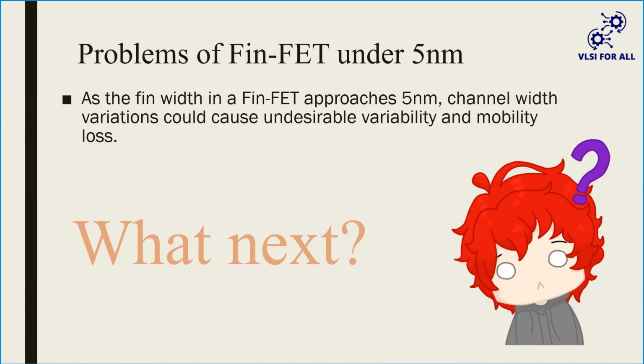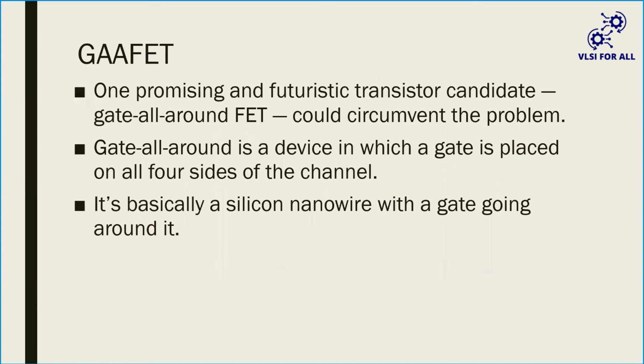Next slide. That is GAAFET. In the gate all around FET, the gate layer covers the source and drain in all 4 directions. In FinFET, only 3 directions, but now it is all 4 directions.